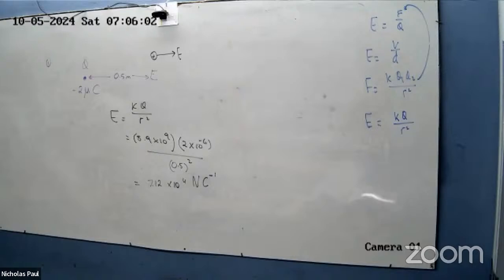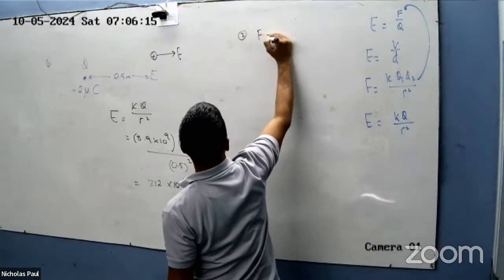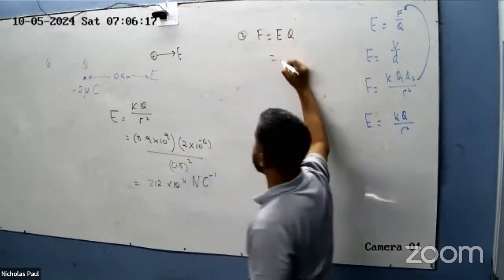Right, ready? First formula, right? So what do you end up with? F equals E multiplied by Q. E is how much?